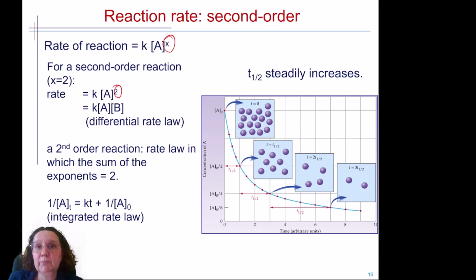But if you have a couple of reagents, then it depends on each of them independently, not the square, but the square as the combination of both. The sum of the exponents of the reagents involved in that equation needs to add up to 2. And it might be because only one of them calls the shots, you only have one, or the others do not interfere in the reaction rate.